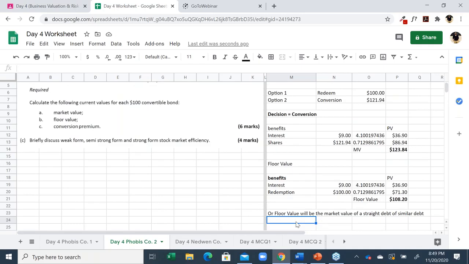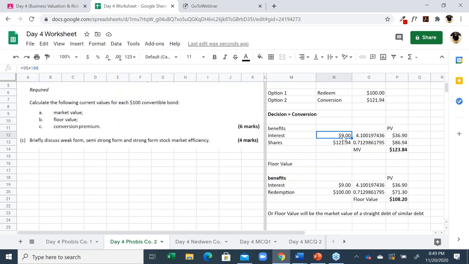If there is another debt instrument, let's say another bond, which has the same term to maturity, that is 5 years, which has the same coupon rate or interest rate, that is 9%, and has the same risk level, but the only difference is there is no conversion option.